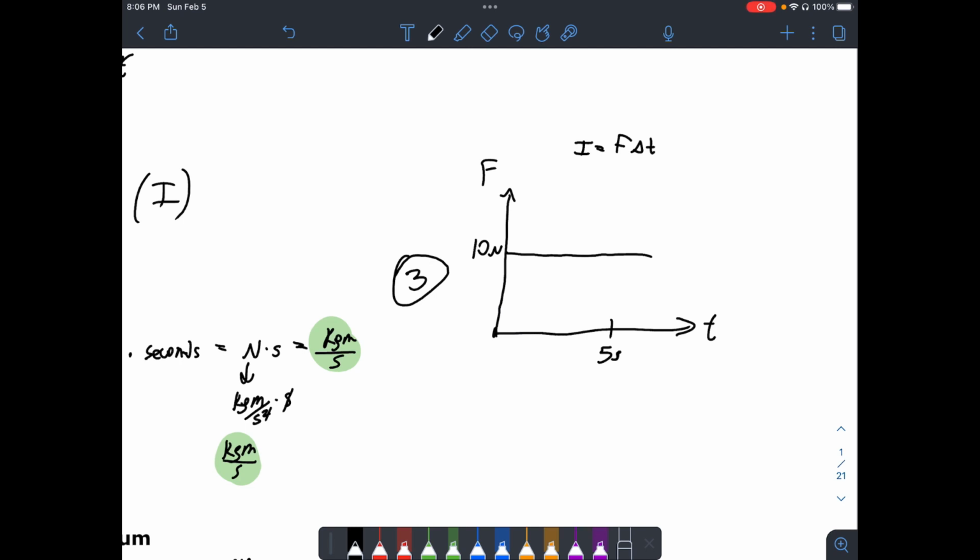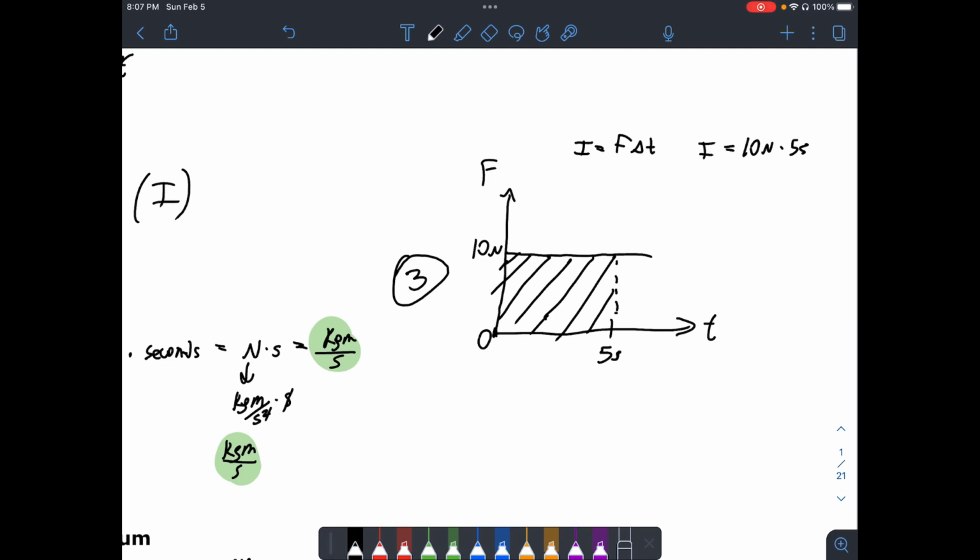So if my initial time is here at 0 and my final time is 5, delta t is going to be 5, and my force is 10 newtons, so we have 10 newtons times 5 seconds, and it's just going to be this area here underneath my force curve, but right now it's just constant force.